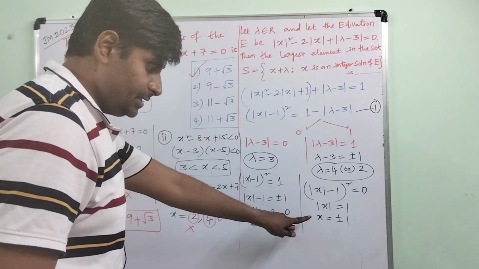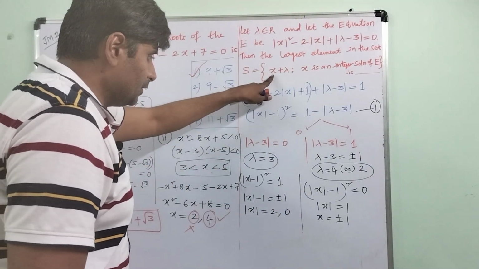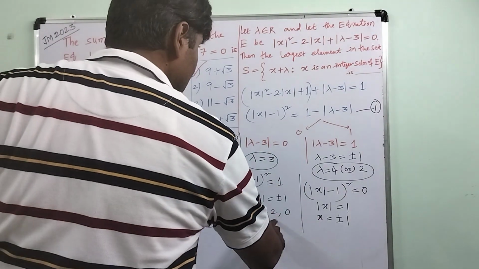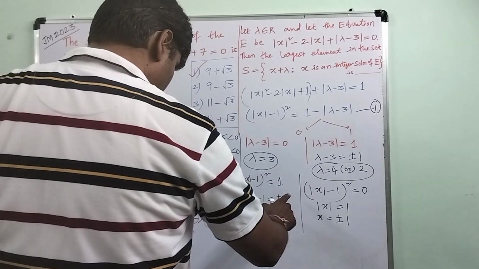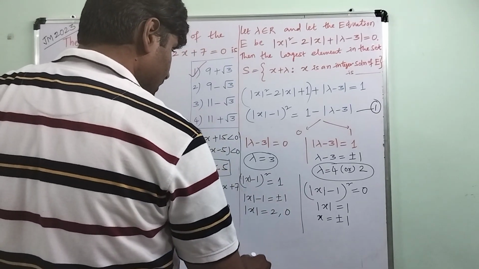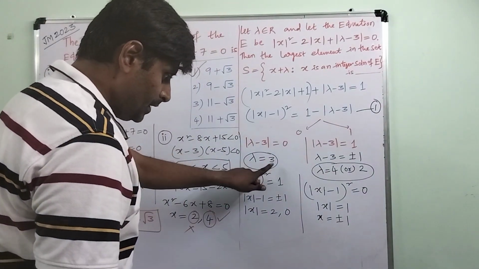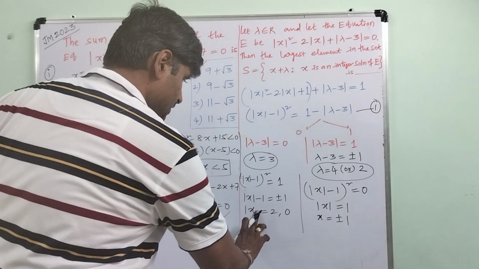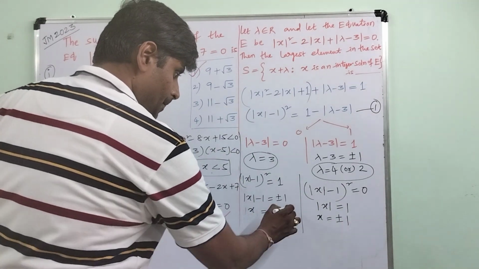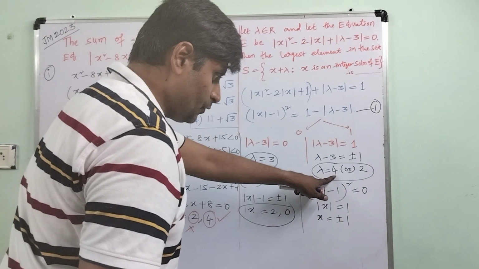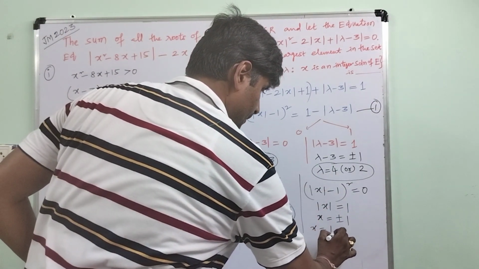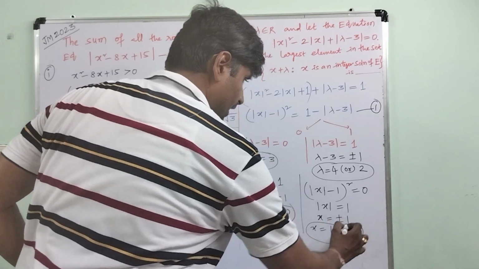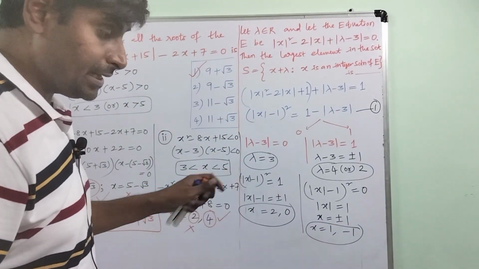Now among these possible values, what are the possible values of x plus lambda? If lambda is 3, x can be 2 or 0. If lambda is 4, x can be 1 or minus 1. From this we can identify which sum is greater.